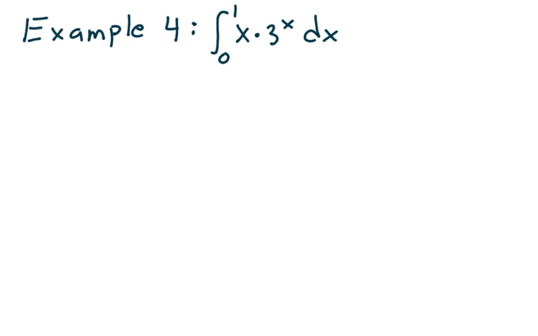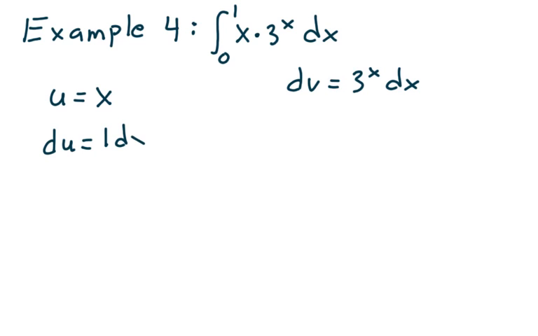And so a good choice of u, and by the way, this is a definite integral, so something to keep in mind. So I'm going to let u equal x. And I'm going to let dv be 3 to the x dx. So du is 1 dx, and v is 3 to the x divided by natural log of 3.